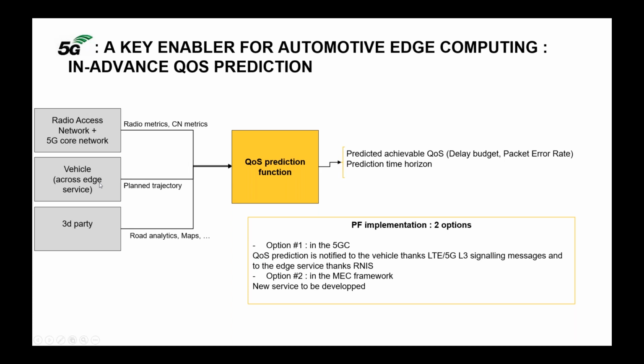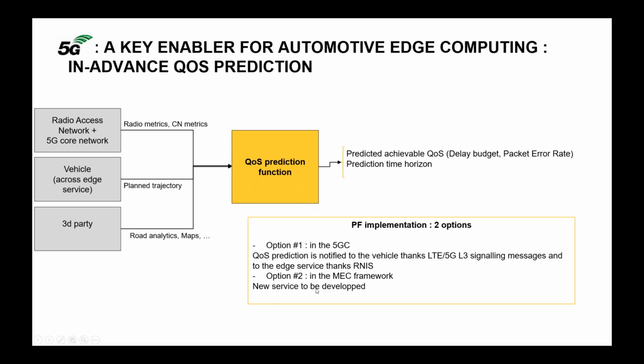And there could be an algorithm for long-term quality of service prediction, which can detect and anticipate the loss of service when you are driving across the border, for example, or when you are driving into a tunnel, or stuff like that, where you can lose the service.